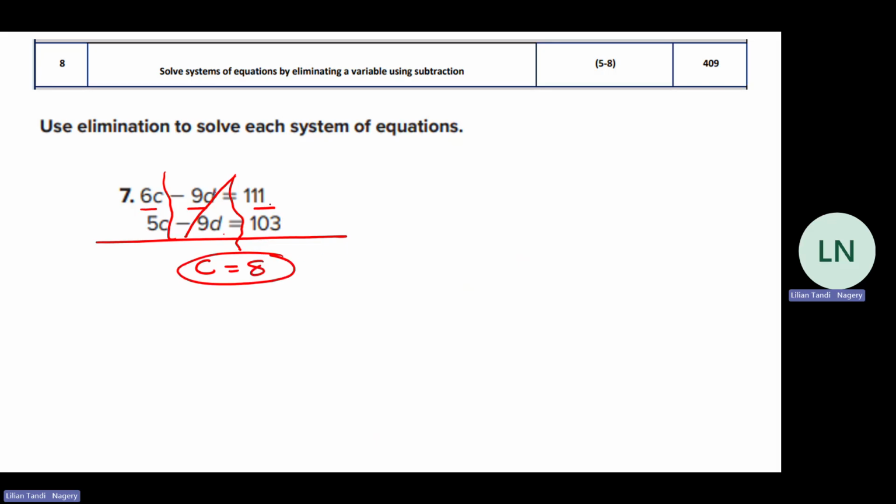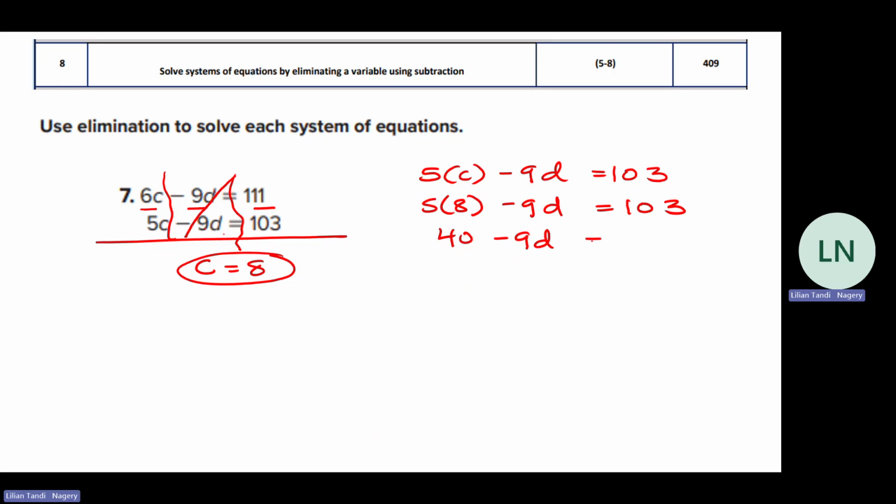Then I use whichever one to find D. 5C minus 9D equals 103. 5 times 8 minus 9D equals 103. 40 minus 9D is 103.